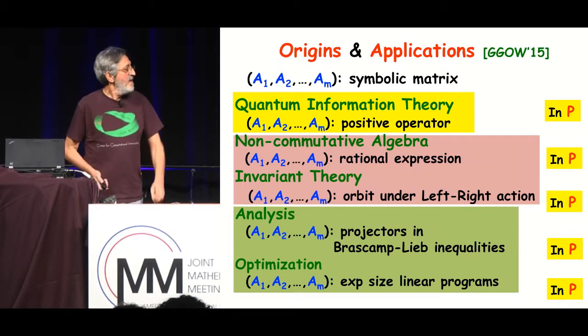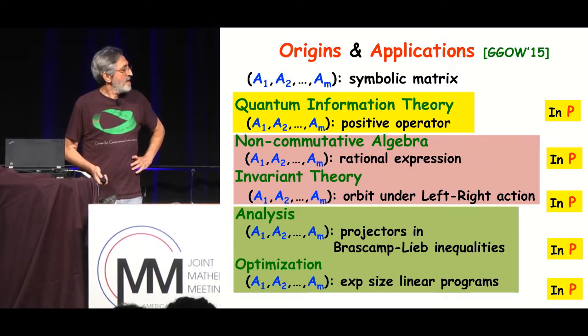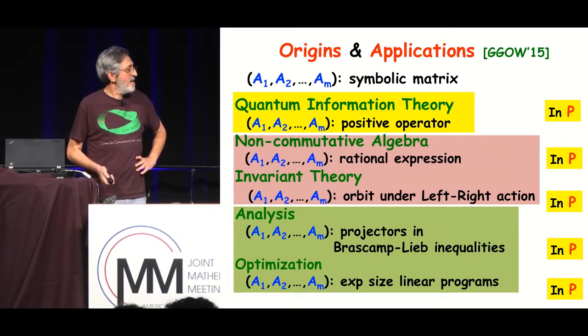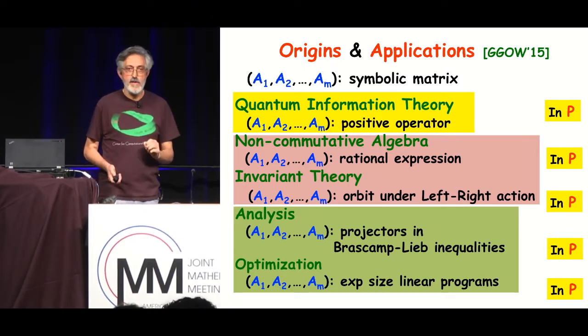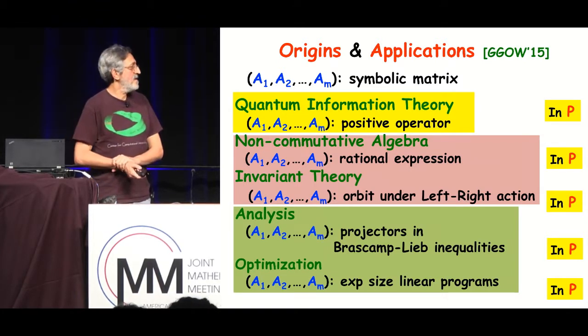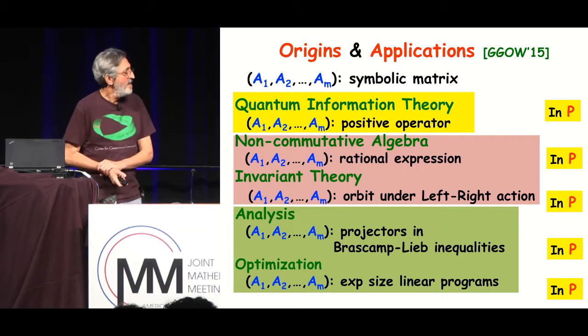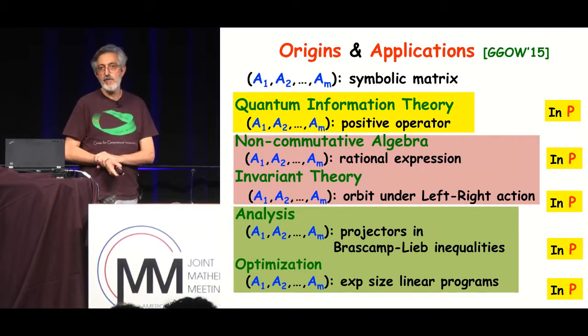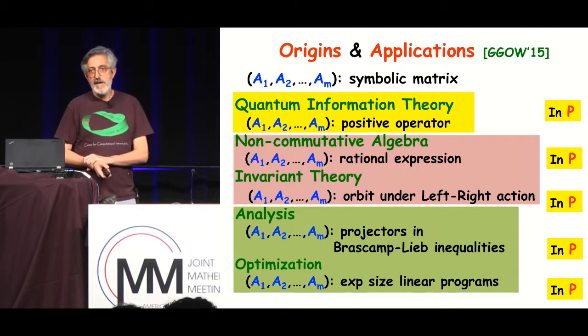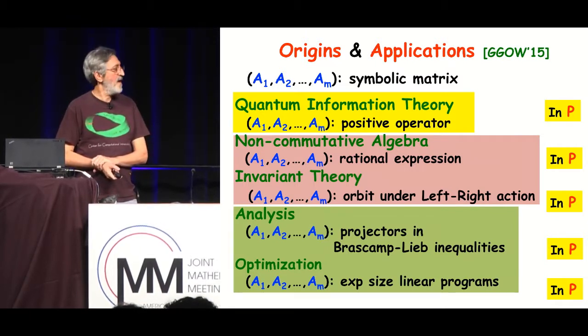OK. So I want to tell you a little bit about the connection to invariant theory via some recent work that I'll talk more about tomorrow. And then I want to tell you just cases of alternate minimization that we simply don't understand. We understand quite a bit more than we used to.